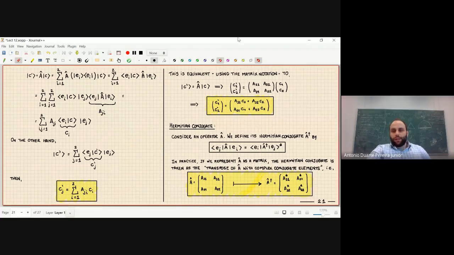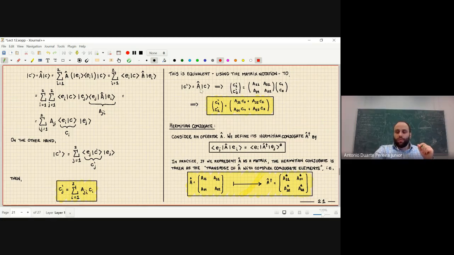So I'm just telling you how to relate the coefficients C prime with the old coefficients C. This can be written in a matrix notation. The vector C prime is the matrix A hat times the vector C. So I can write the vector C prime as a column vector, C1 prime and C2 prime.